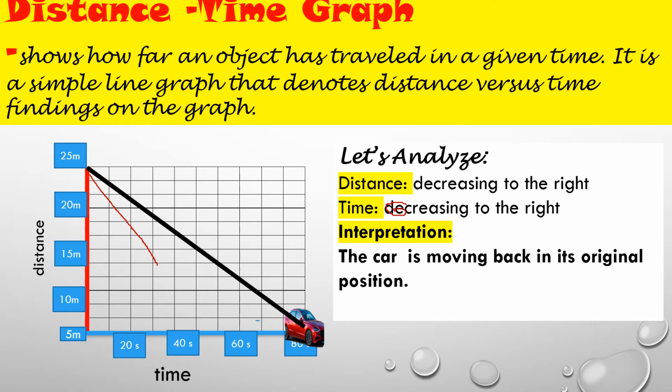Pero, kung ito ay dumiretso doon sa 5 meter, bumalik siya from original position. Okay? So, any graph na naka-form ng pababa, always remember siya ay nag-slow down. Bumabagal. Is that clear?